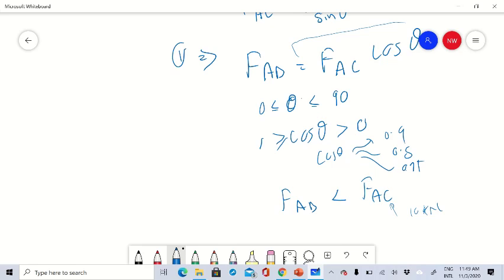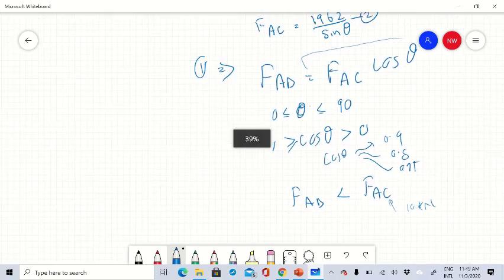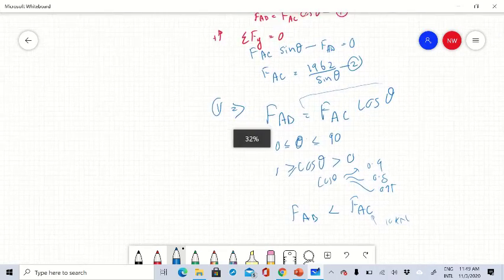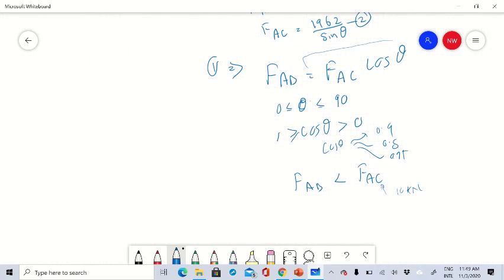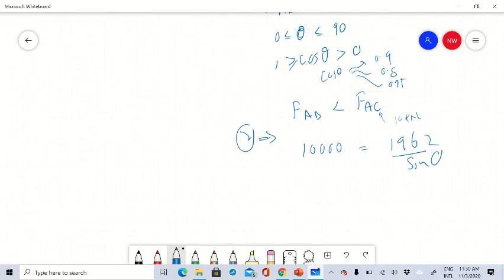So we need to find the smallest angle where these ropes are not to be broken, right? So then we can substitute from the second equation the value of FAC as 10,000 newtons, or 10 kilonewtons, equal to 1962 divided by sine theta, right? So from here you can find the value of theta.